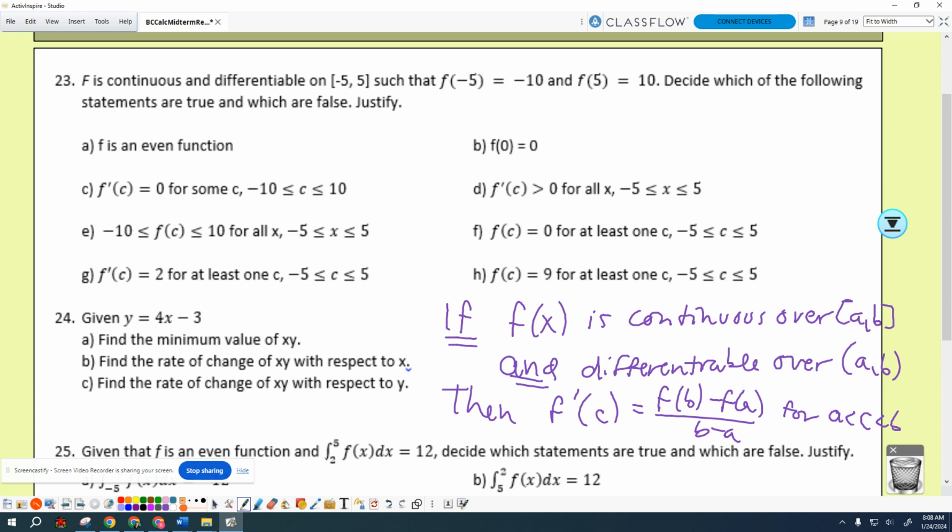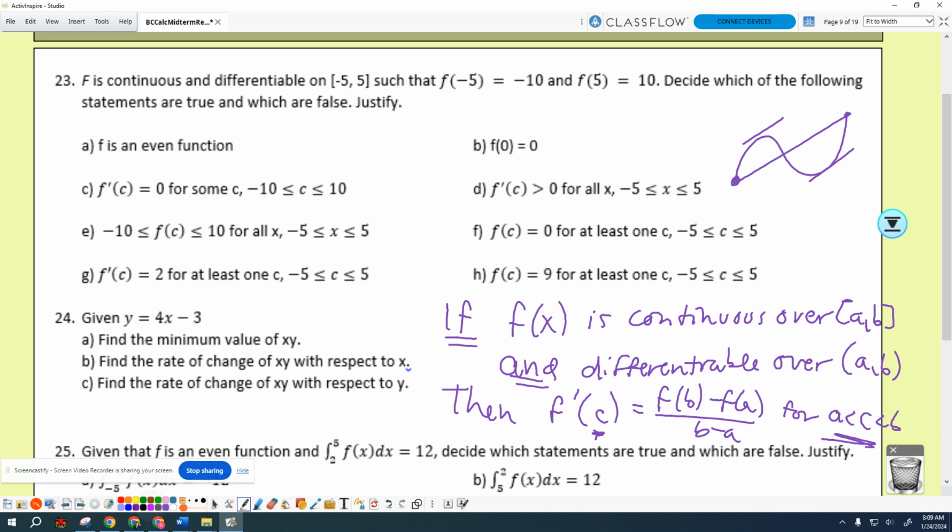And you guys were really upset about me using the C. You're like, what's C? I don't understand. It means that in the interval A to B, there has to be some specific x value, and that specific x value they're calling C. So if that's my curve, you can't possibly draw one that's continuous and differentiable that doesn't have this be true.